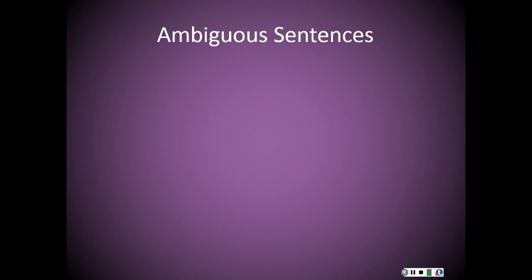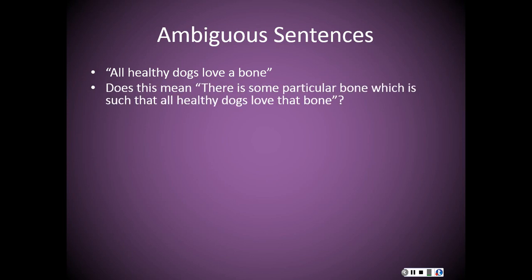Let's look at another example of an ambiguous sentence. Consider the sentence, all healthy dogs love a bone. How should we understand this sentence? Well, this sentence could mean there is some particular bone which is such that all healthy dogs love that bone.